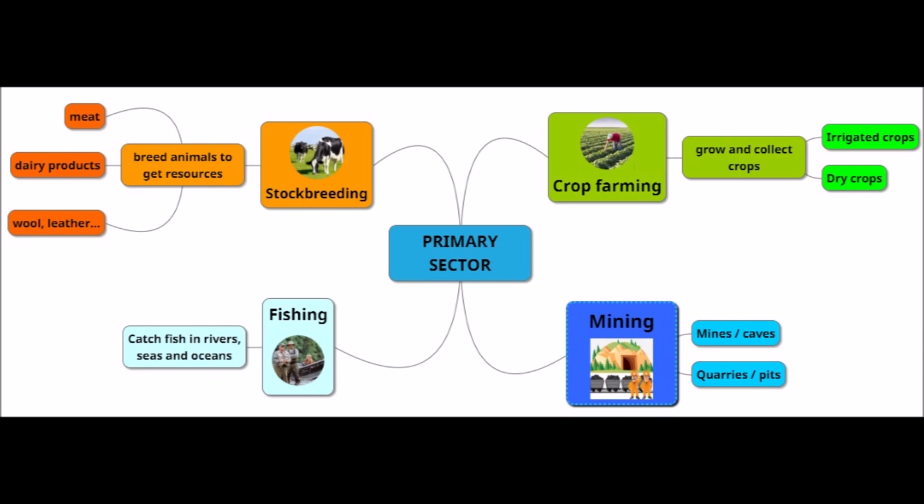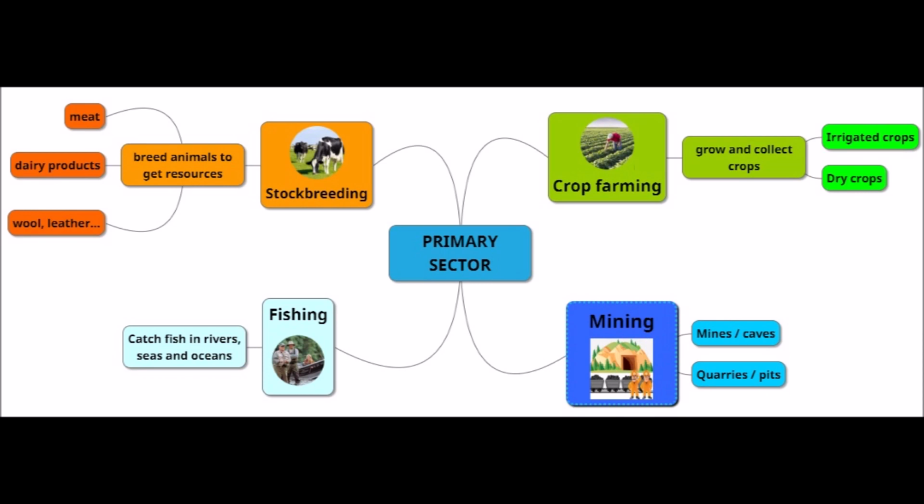Before we finish, we are going to review everything we talked about in this video. We are learning the primary sector. The primary sector is the sector where people obtain raw materials and natural products directly from nature. In this economic sector, there are 4 groups of work. Crop farming, where people grow and collect crops.